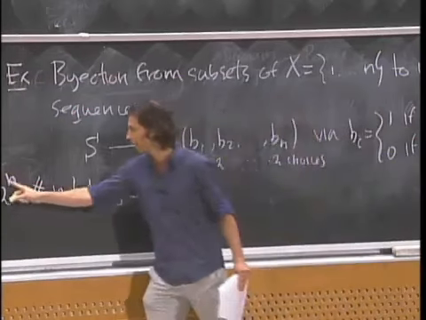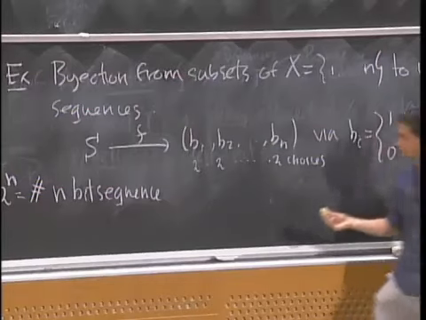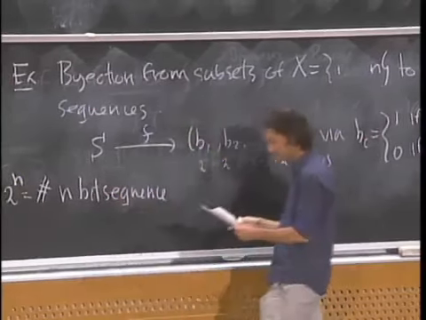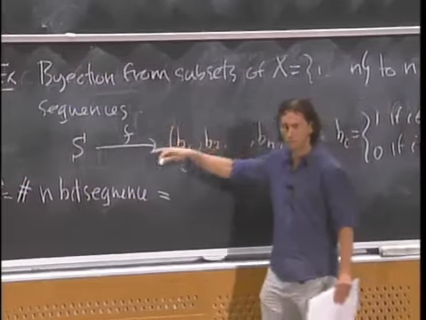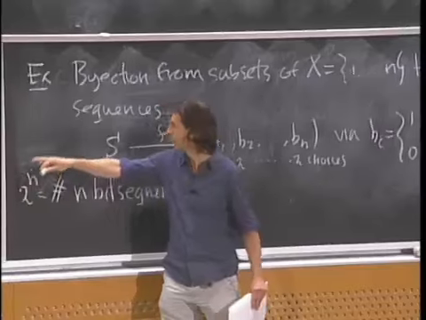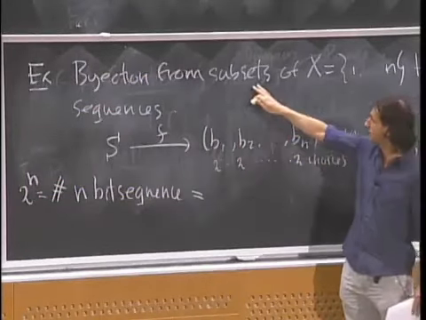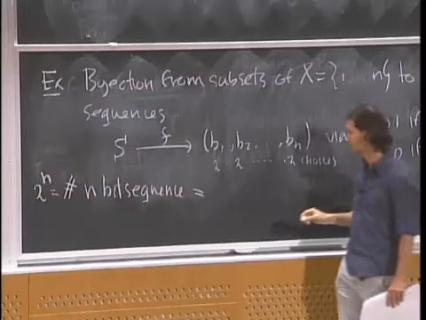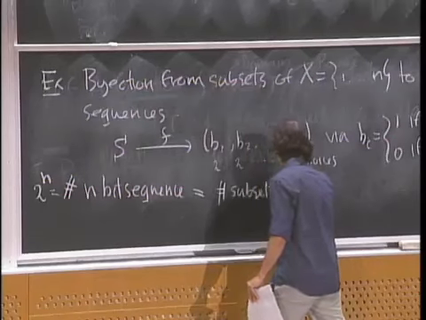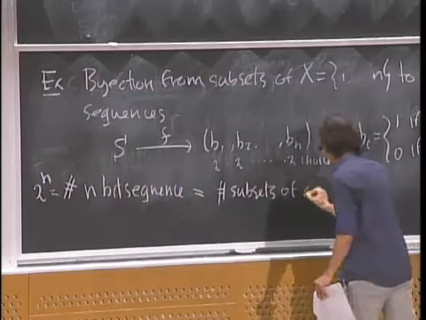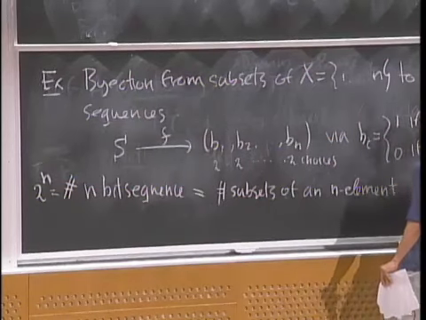So there are 2 to the power n bit sequences. And because of this bijection rule that we have described over here, this is equal to the total number of possible ways to select subsets of X. So this is the number of subsets of an n-element set.